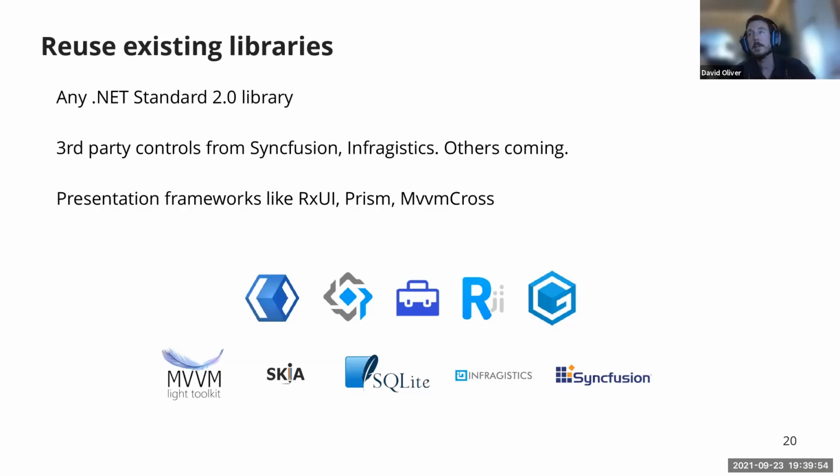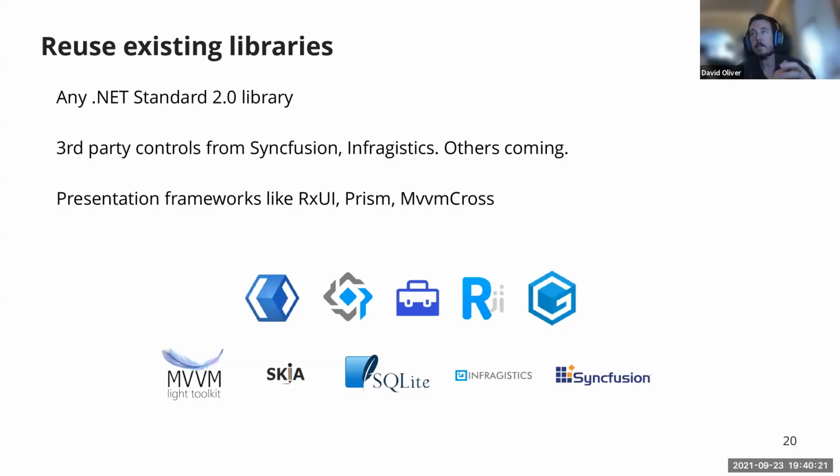So if you're looking for control libraries, there's libraries from Syncfusion, from Infragistics, as well as the Windows Community Toolkit that I mentioned. Or if you're looking for presentation frameworks, there's a lot of options like Reactive UI, Prism, MVVM Cross, MVVM Lite.